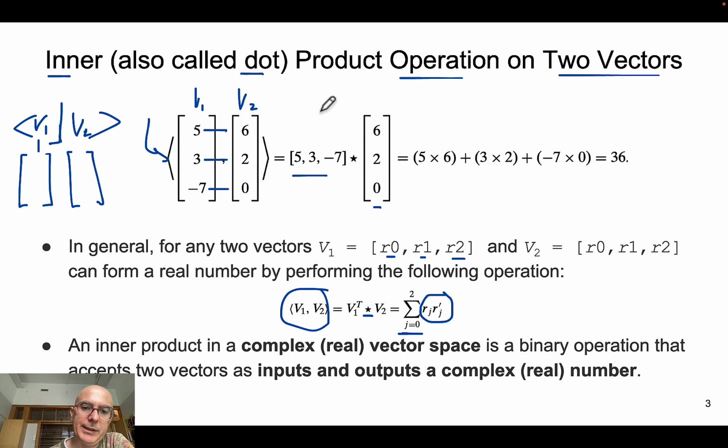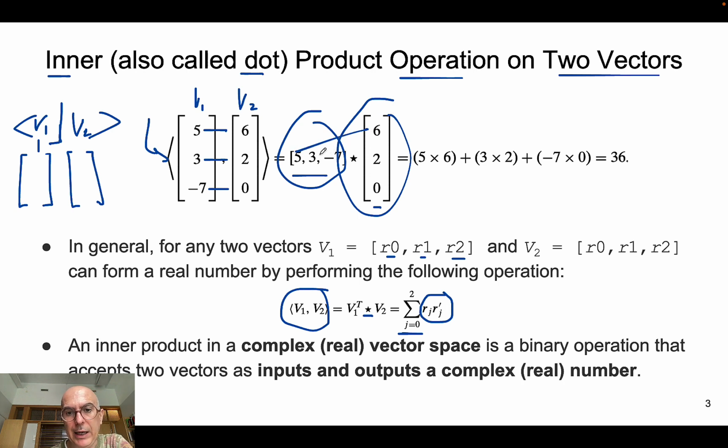Keep in mind we started from these two vectors, v1 and v2. We apply the inner product, multiply element by element and then sum it up, and we obtain one single real or complex number.